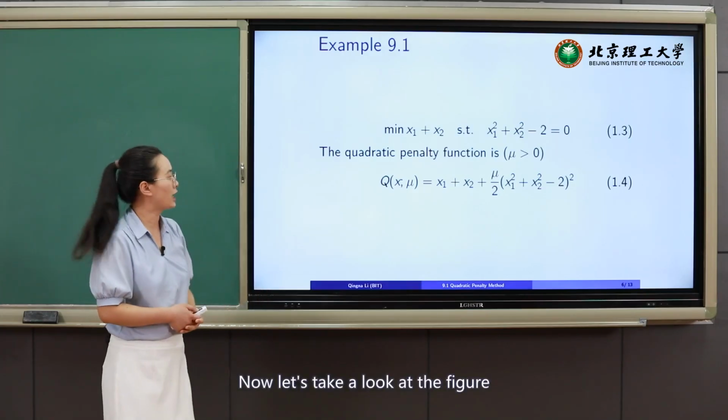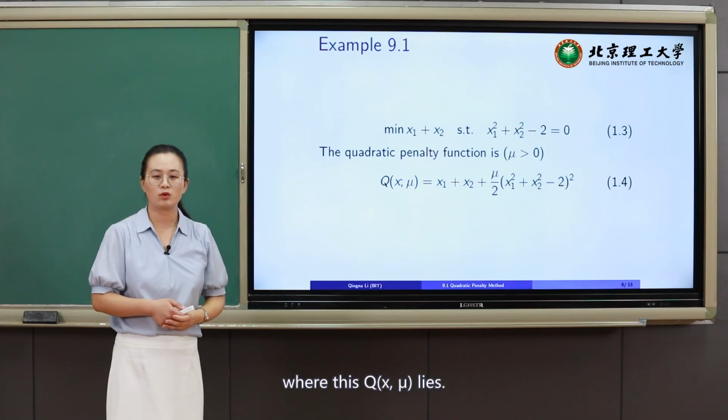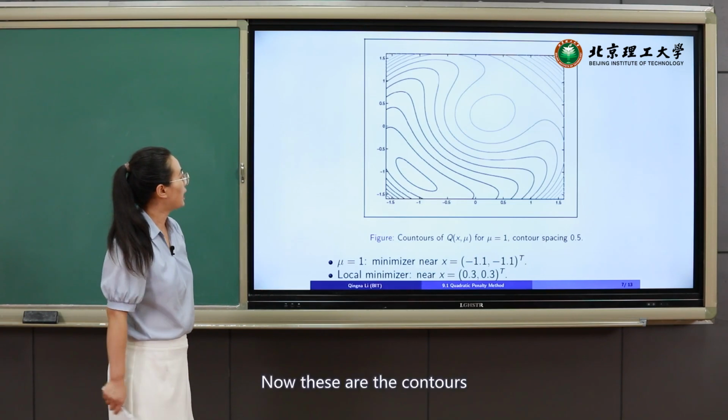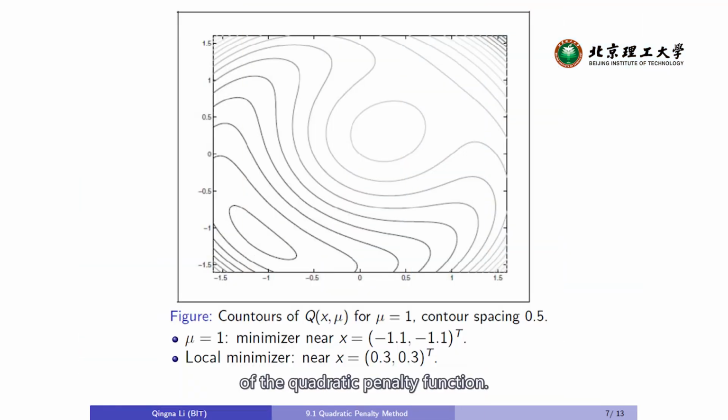Now, let's take a look at the figure where this Q(x, mu) lies. This shows the contours of the quadratic penalty function. As we can see, the minimizer is achieved at the point (-1.1, -1.1). And near x equals 0.3, we also get a local minimizer here, right? So this is a local minimizer.